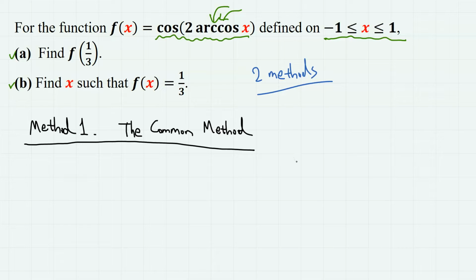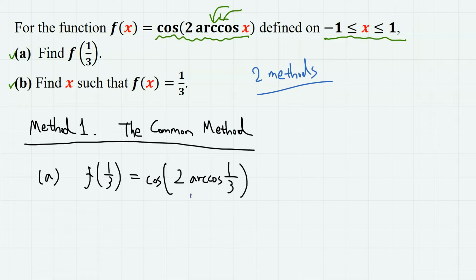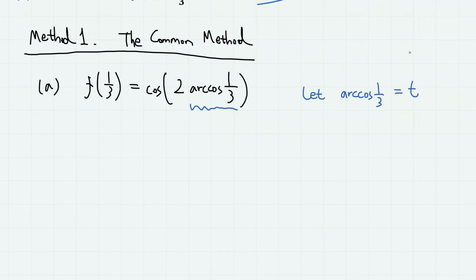Well, the most famous method is just directly substitute x with 1/3 in the given function and carry out the calculation. That is, f(1/3) is simply cosine 2 arccosine 1/3. Here, we don't know the exact value of arccosine 1/3. So let arccosine 1/3 be t.